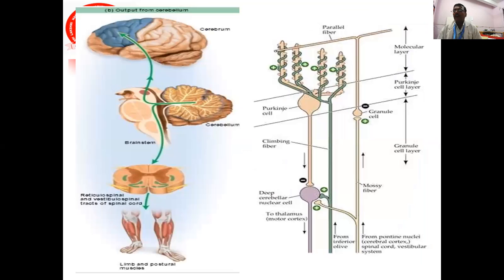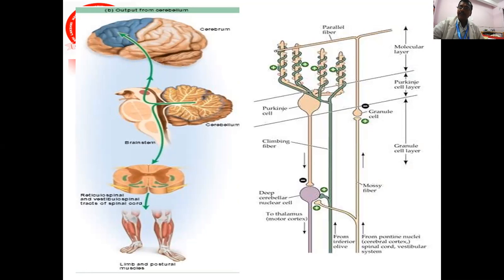And this picture again shows the arrangement of the pathway of the cerebellum. Again from the lower part, the middle green color line carries the input from the inferior olivary nucleus to the deep cerebellar nuclei, and then to the Purkinje cell layer, and then parallel to all the fibers of the molecular layer.